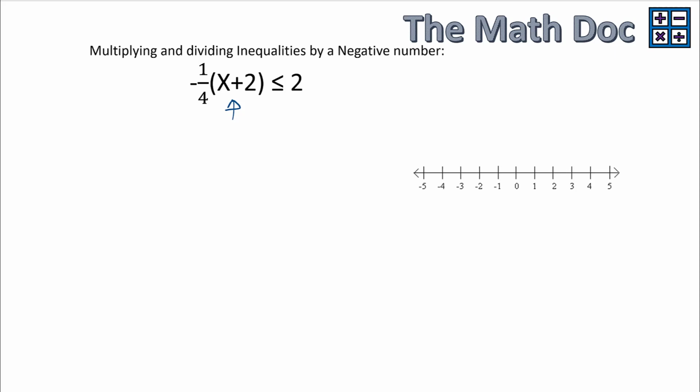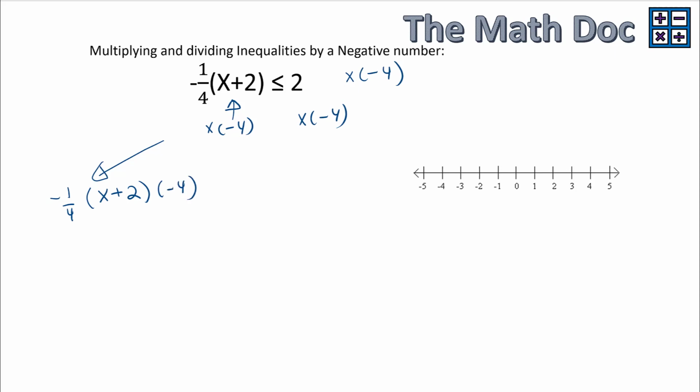So let's get started. The first thing we're going to want to do is obviously multiply by negative 4, right? So we multiply both sides of this inequality by negative 4. On the left-hand side, we have negative quarter times parentheses x plus 2 times negative 4, right?